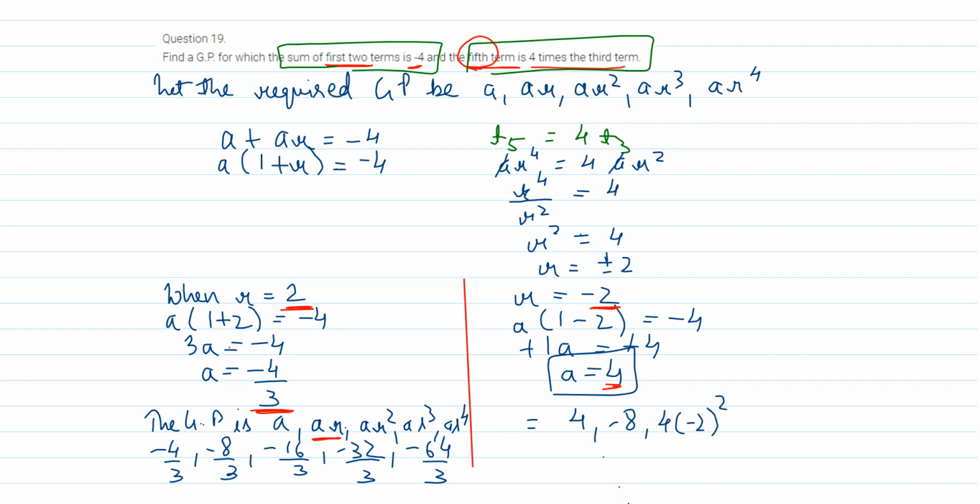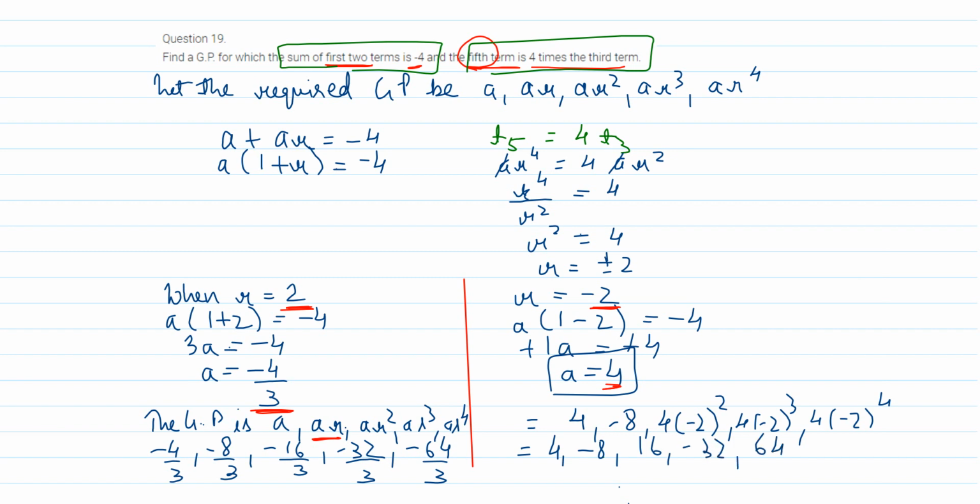Again 4 into minus 2 raised to cube and 4 into minus 2 raised to 4. So that will be 4, minus 8, 16, minus 32 and plus 64.